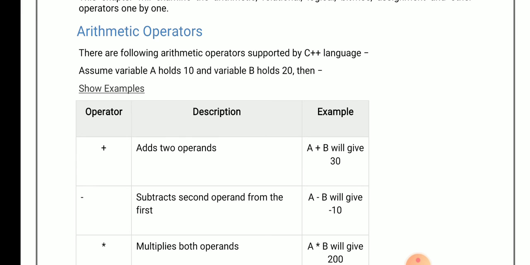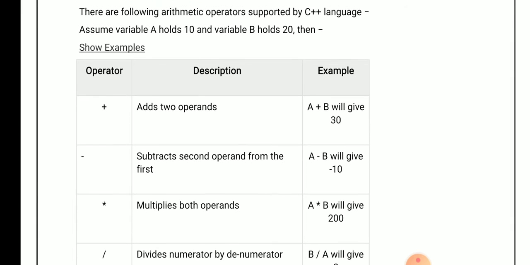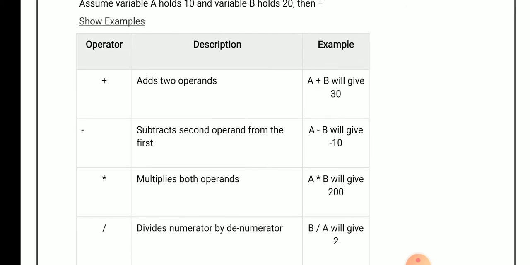Then dear students, we have another operator, that is minus, which is used for subtraction. Here if we are subtracting the value of variable b from the value of variable a, that is 10 minus 20, it will give us minus 10. So this is our subtraction operator. Then we have the multiply operator, which is used for multiplication, for example 10 into 20 gives us 200.